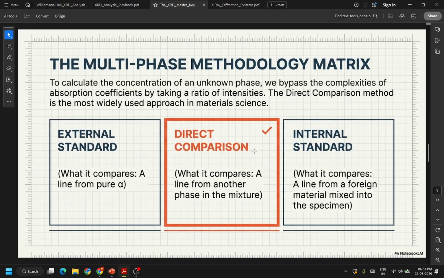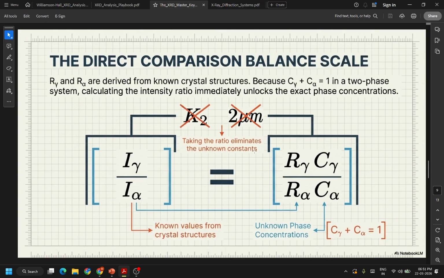In external standard, we compare it with a line from a pure phase sample. In internal standard, we mix a foreign sample into the specimen, and we compare it to the line from that sample. In direct comparison, you get the formula I gamma by I alpha equals R gamma C gamma divided by R alpha C alpha.